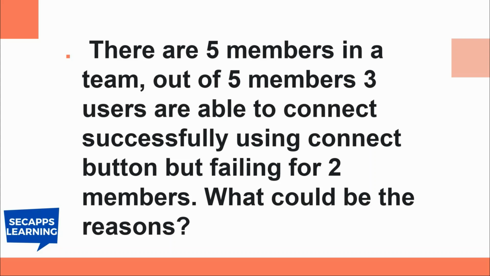Like, two members are not able to connect, or two members are not able to see the connect button? No, they are not able to connect. They can see the connect button. Okay, then they might not have the permissions to connect. And they are using the same accounts, so it's working for three members but not working for two.